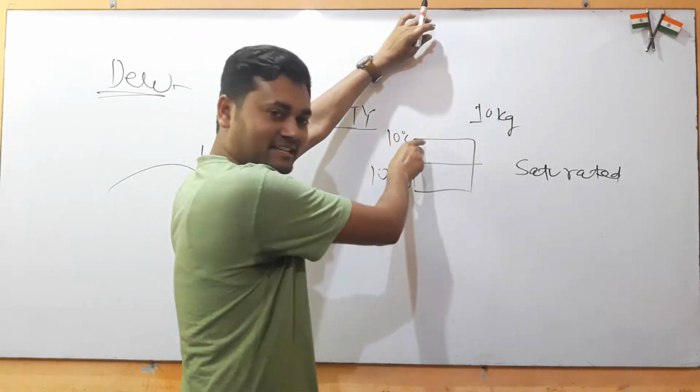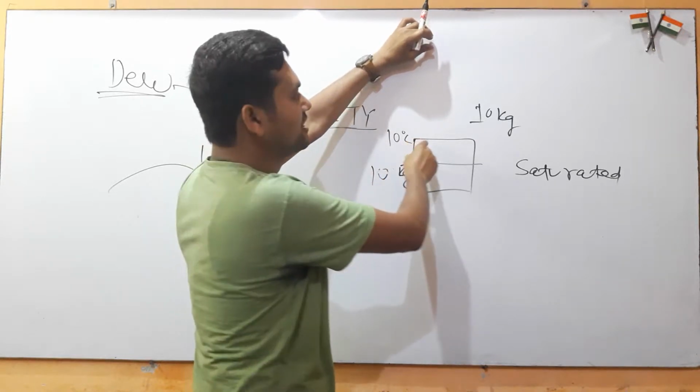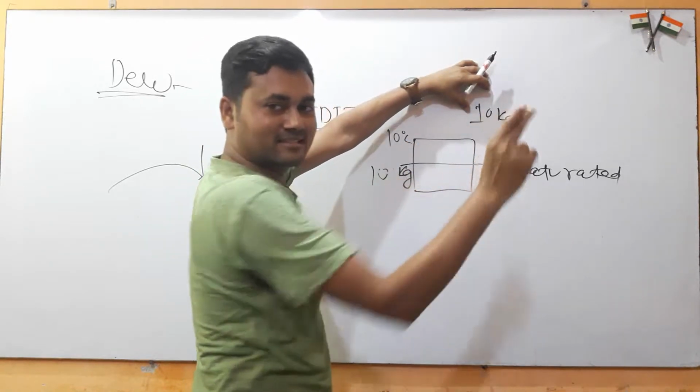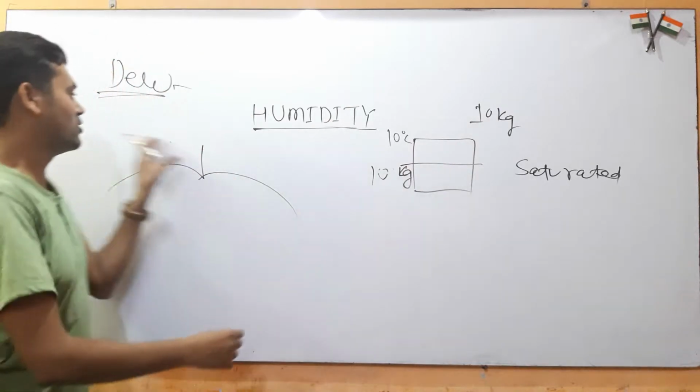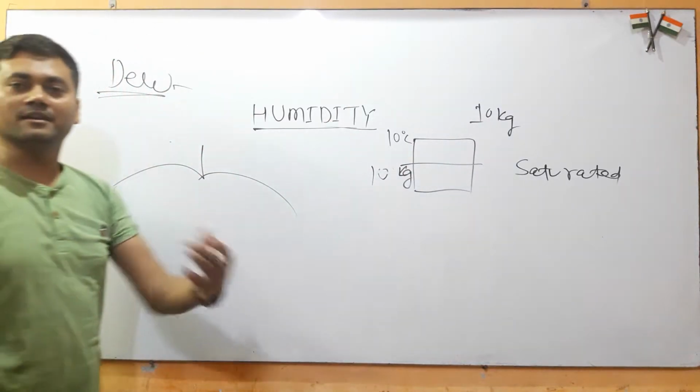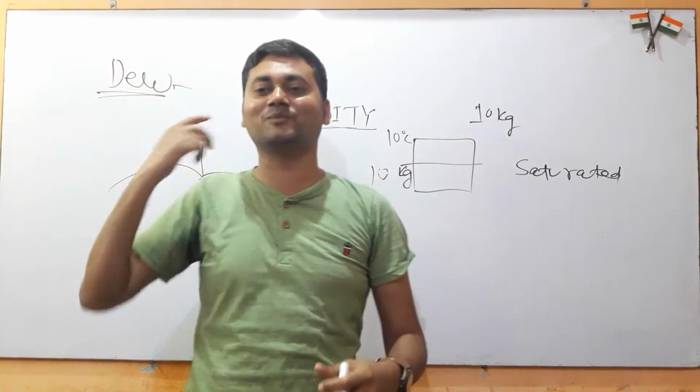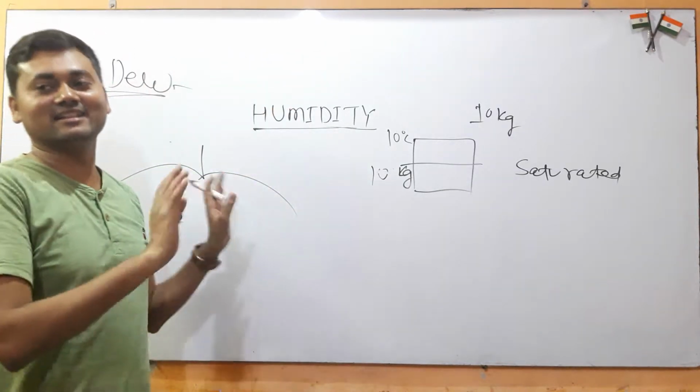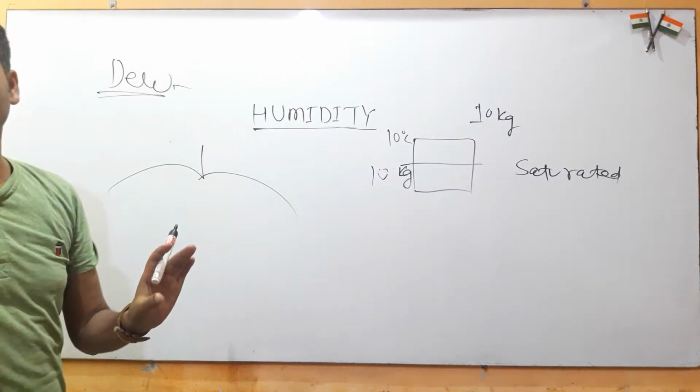So let's say the temperature decreases by 2 degrees Celsius, then the extra 2 kg converts into the form of dew. Are you getting me or not? Okay, it would convert into the form of dew.